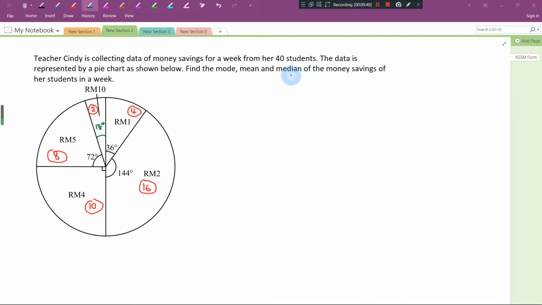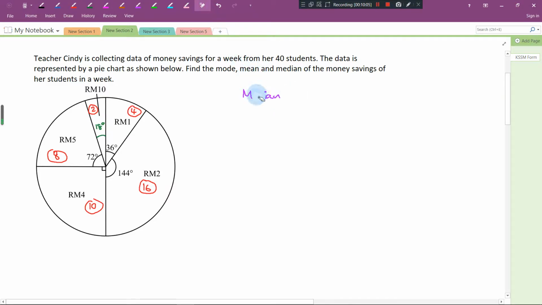Okay, now let's try to determine the median. So make sure all the data already arranged nicely, and the data already arranged nicely, so we don't have to rearrange it. So now, to determine the median, we need to know the position of the median, right? What is the formula? Still remember?